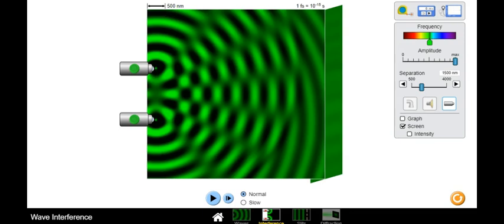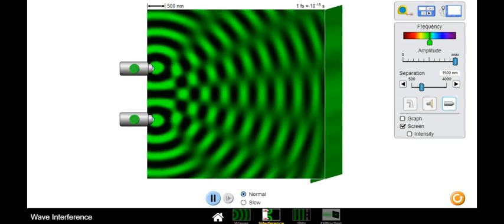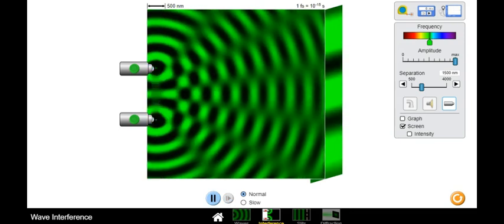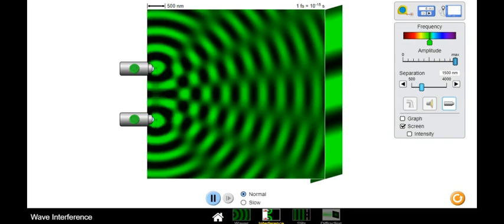At the beginning of 1800, Thomas Young discovered that when the light of the sun was shining through two slits on a far distant screen, there were strange images forming, and those are the ones that we're seeing now on our screen.